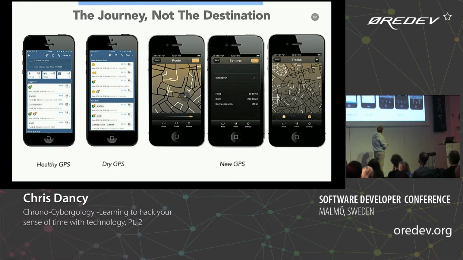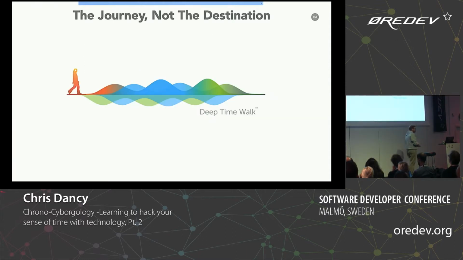And this is something we worked on a couple years ago, which watched the way you went every day and told you to go new ways. This is one of my favorite apps. It's called Deep Time Walk. Anybody ever heard of Deep Time Walk? Neat. So Deep Time Walk works by telling you about the history of Earth, but it only works when you're walking.